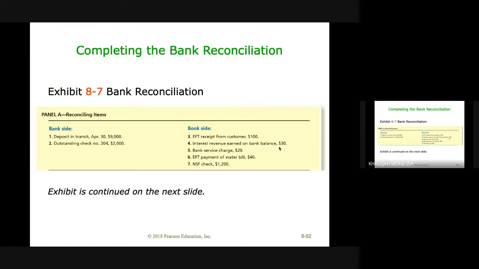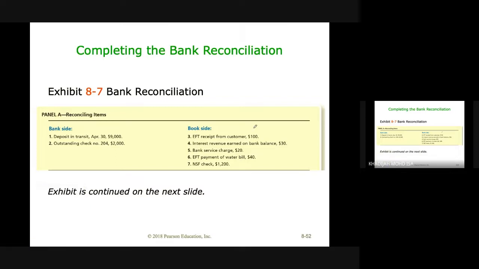Reconciling item, deposit in transit, April 30th, you have 9,000, and you also have outstanding check of 2,000. On the book side, you receive EFT from customer 100, interest revenue earned on bank balance, bank service charge, EFT payment. Okay, so how do you get that information?